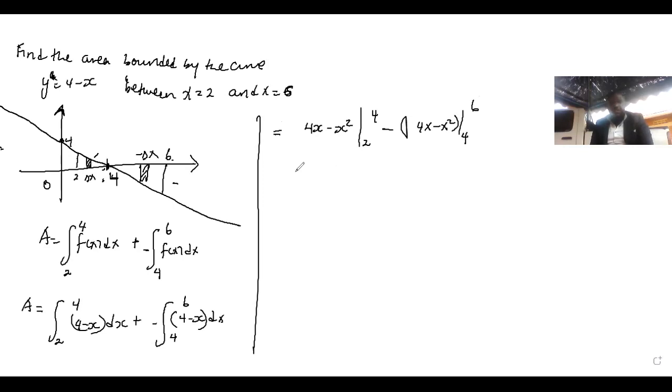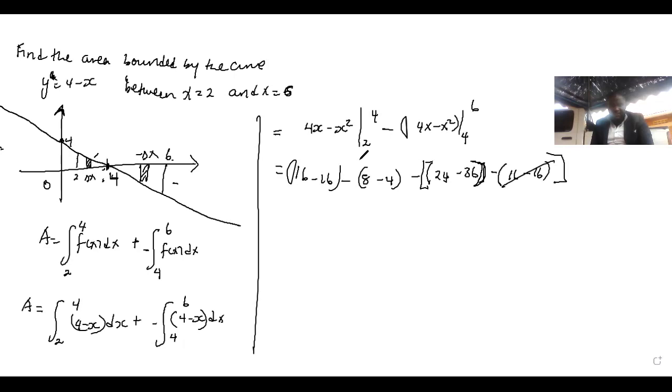When you make the substitution, we shall realize 16 minus 16 minus 8 minus 4, minus 4 times 6 is 24 minus 36, minus 16 minus 16.